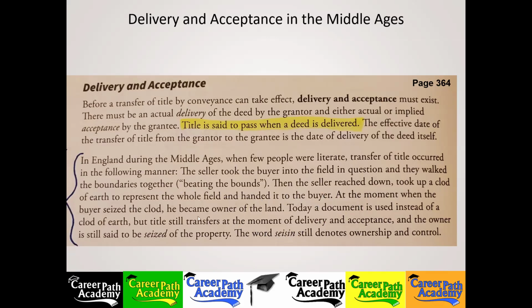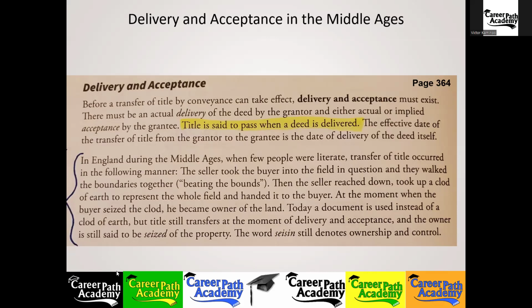At the moment when the buyer seized that clod, they became the owner of the land. Today, a document is used instead of a clod of earth, but title is still said to transfer at the moment of delivery and acceptance, and the owner is still said to be seized of the property. The word seisin still denotes ownership and control today.